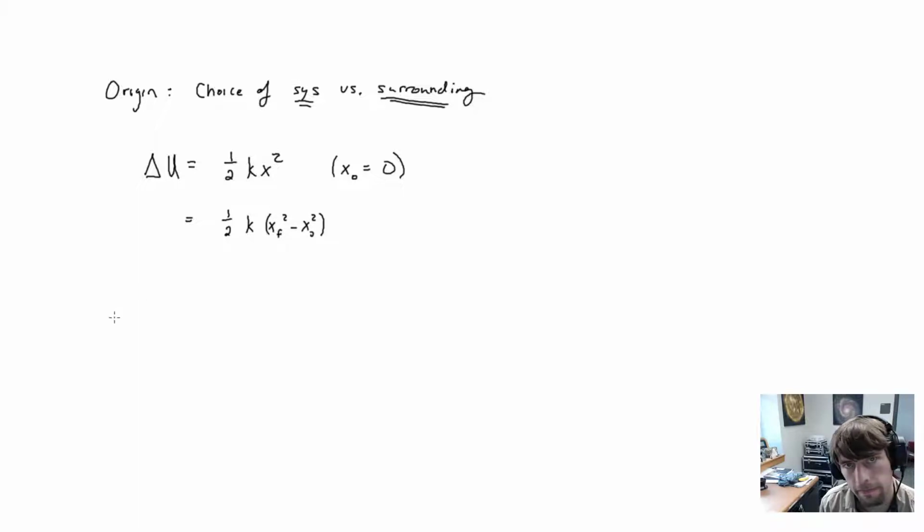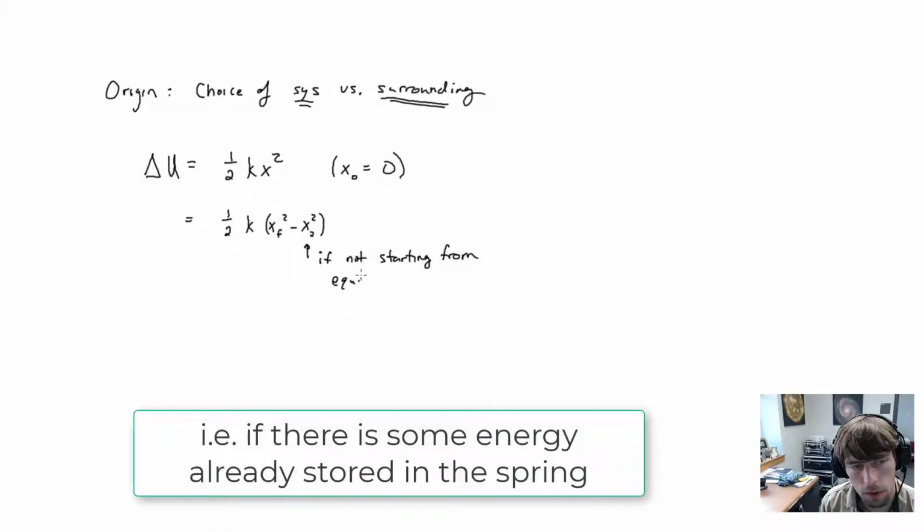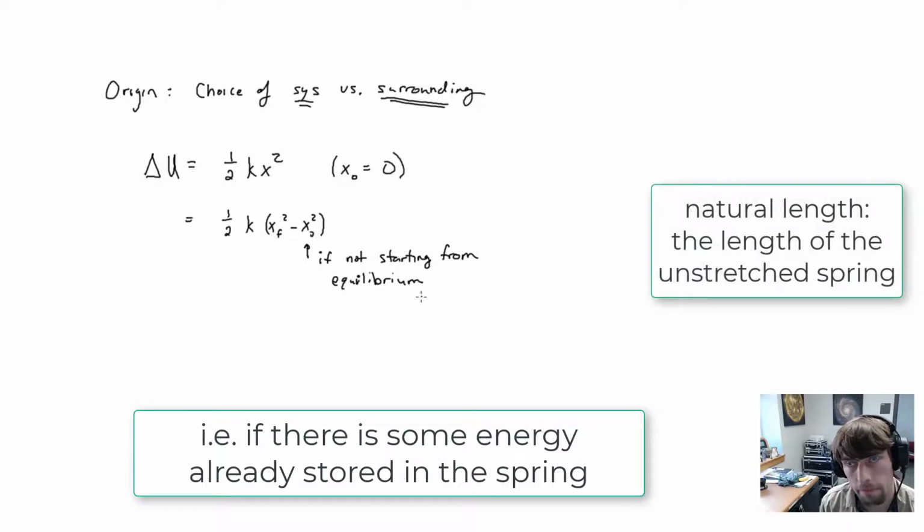And this would be as if not starting from equilibrium. In other words, you're not starting from the natural length of the spring.